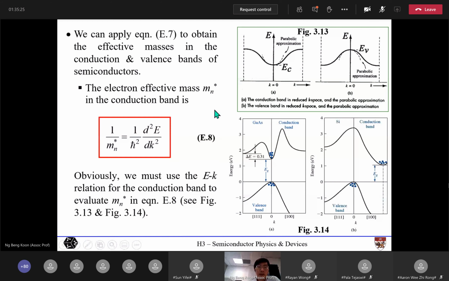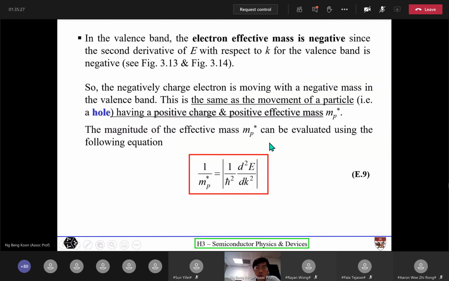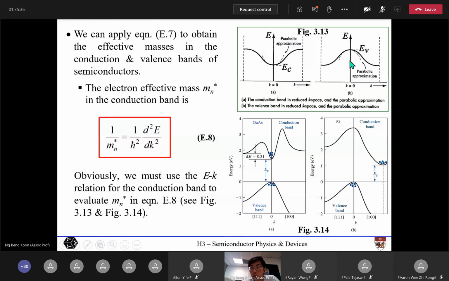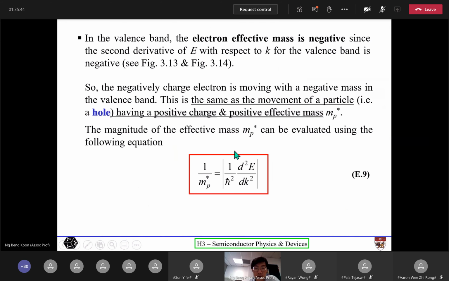Similarly, for the case of holes, which are positive charge, the effective mass will be positive. If you apply this to the E-k diagram and do a second derivative here, your value is negative, but if you apply it to a hole, it reverses the sign, and we get the positive quantity as the effective mass of holes.